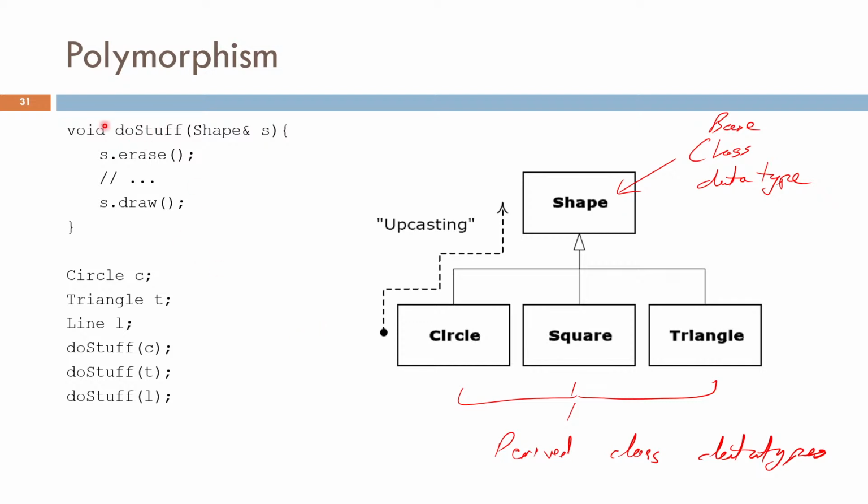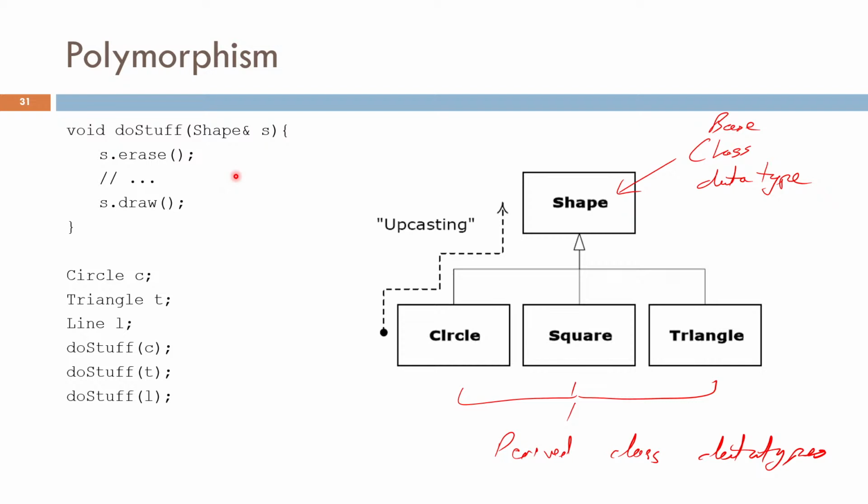So let's say we had this doStuff function here that accepts an input of type shape, and it's going to do erase, draw, and whatnot. We have circle, triangle, and line here being individual objects. Because circle, square, and triangle is a shape, because of inheritance, we can pass circle C as a shape data type for doStuff, the triangle T as a shape data type, and the line L as a shape as well, and so forth.